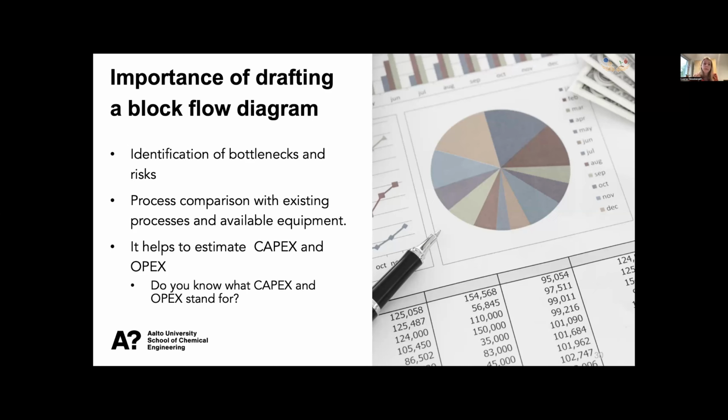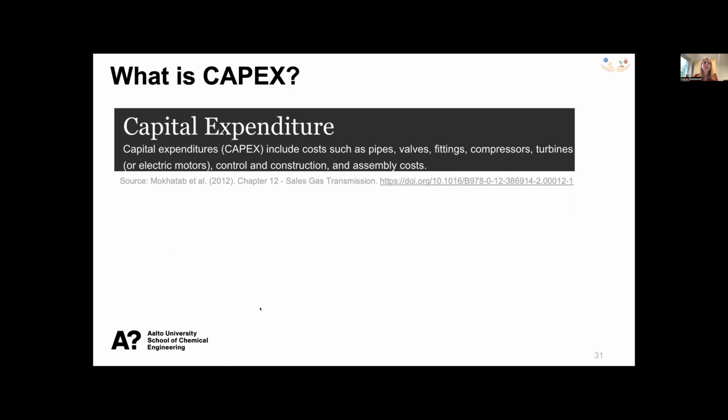It's all fine. I mean, we don't use those very often, but I'm just going to give you a definition that comes from a textbook. So it's about capital expenditure. It's the cost of pipes, valves, fittings. So you saw that drawing, or that other photo of the process. It's all of the things that something flows inside.